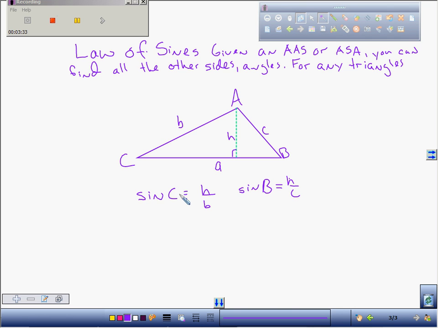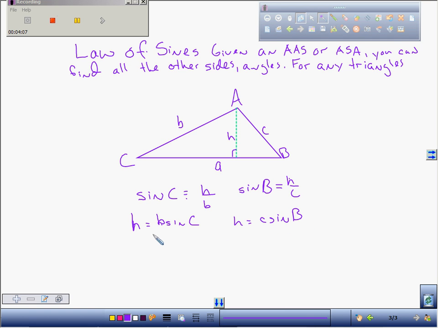Now if I multiply through by b, I get h equals b sine C. And over here, solving for h, I get h equals c sine B, right?